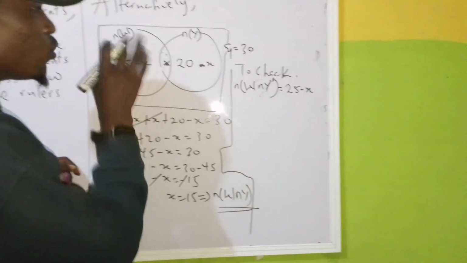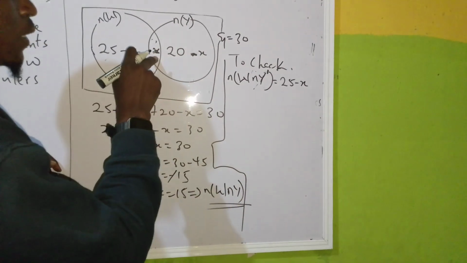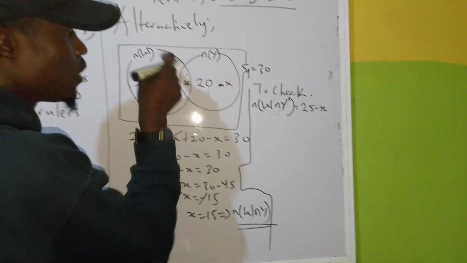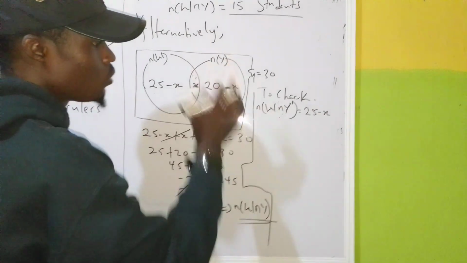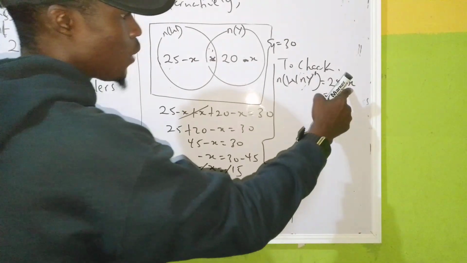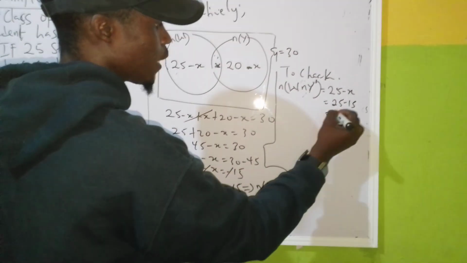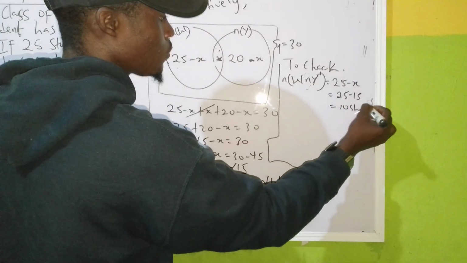They are interested in only the value of white, and you know that in this place there is white and yellow here. So for us to get exactly those that have white, we have to subtract this from this so that it will dust away this yellow. And we got our x as 15. That's 25 minus 15. That's 10 students.